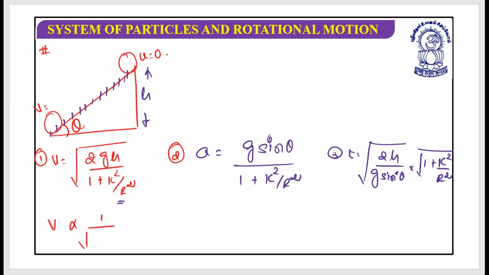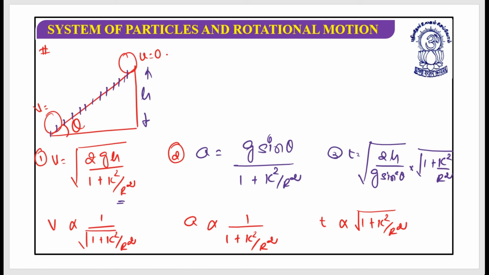The velocity is proportional to 1 under root of 1 plus k square by r square. The acceleration again has 1 plus k square by r square, so it is inversely proportional, and time is directly proportional to root of 1 plus k square by r square. So those objects having higher k square by r square will require a larger amount of time to reach the bottom.